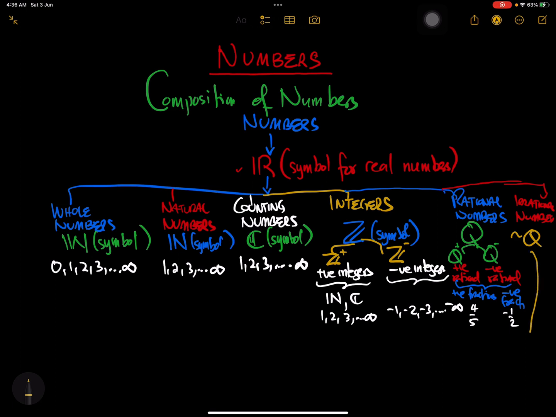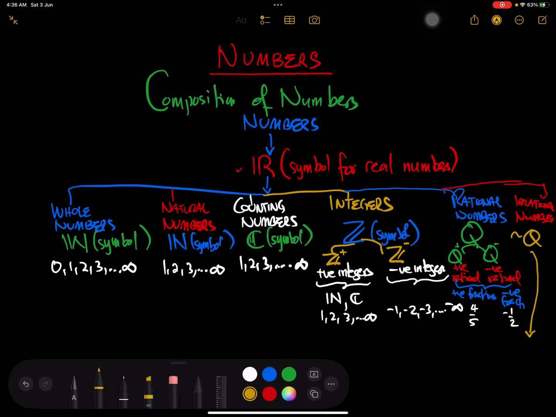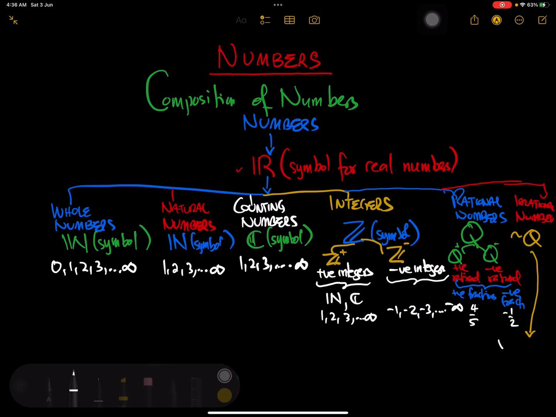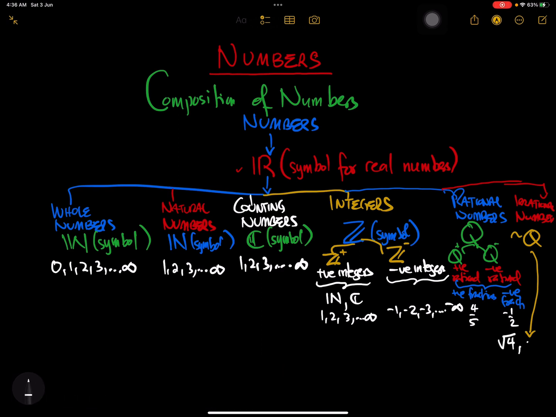For example, we are looking at numbers like surds, like maybe square root of 4, or pi and stuff like that.